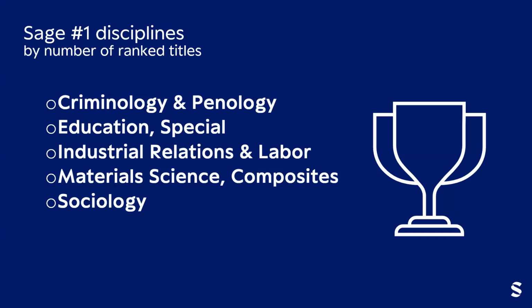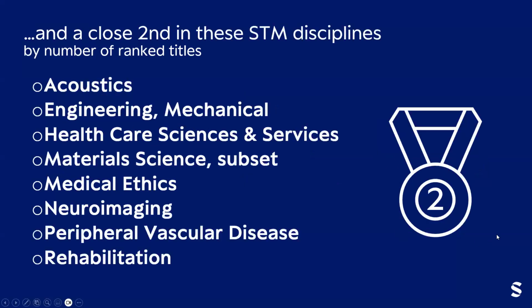So this first slide, as you can see, our highlights are Sage's number one disciplines by number of ranked titles. So criminology, education, industrial relations, material science, sociology. This is where Sage ranks number one. Then the next slide I provided is where we are a close second, and these are our STM disciplines.